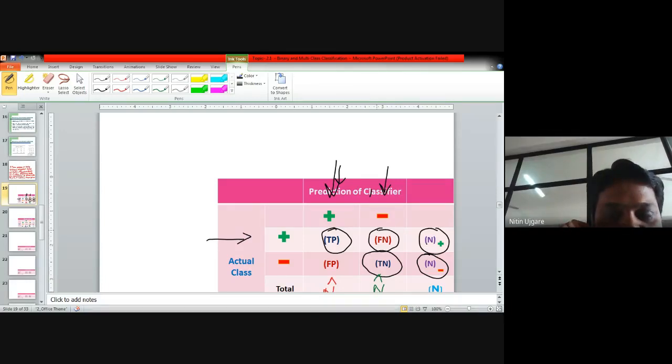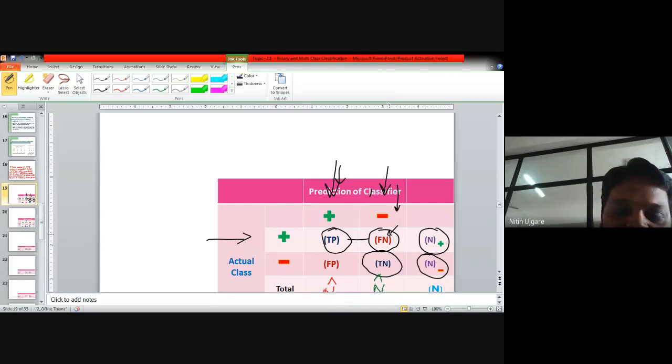So false negative means what? These false negative instances are actually positive instances, but our classifier has classified them as negative instances. So this is a misclassification by our classifier. These are actually positive instances, but the classifier predicted them as negative instances.